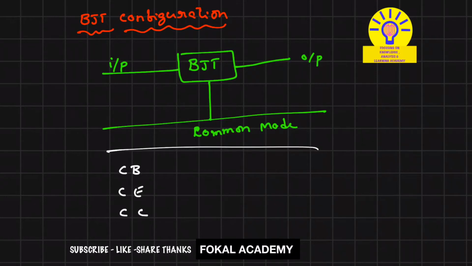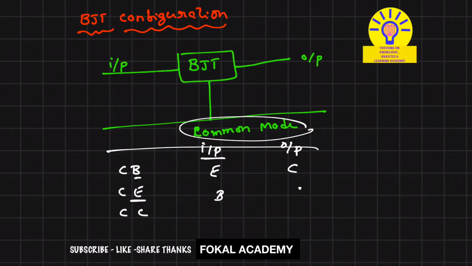In CB, the input is the emitter and the output is the collector, so the base is the common mode. In CE, the input is the base, the output is the collector, and the emitter is the common mode. In CC, the base is the input and the emitter is the output, where the collector is the common mode. These are the three possible configurations in BJT.